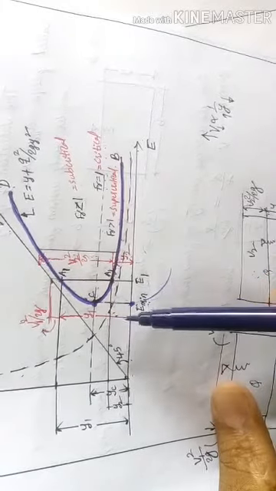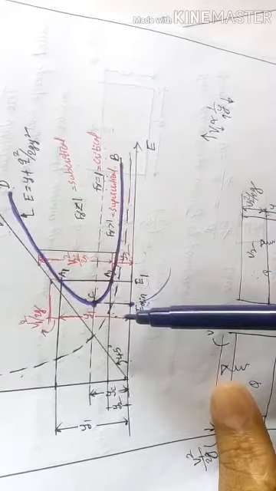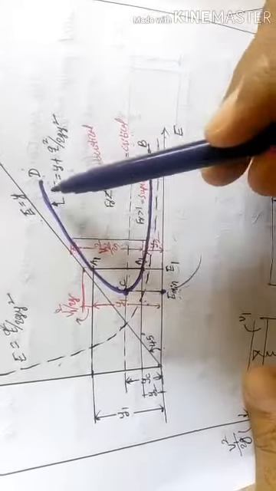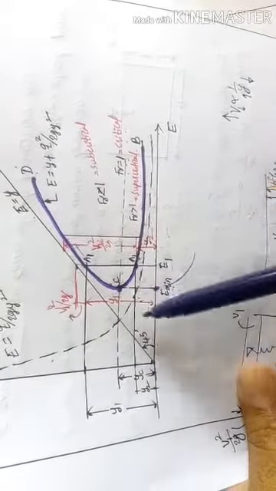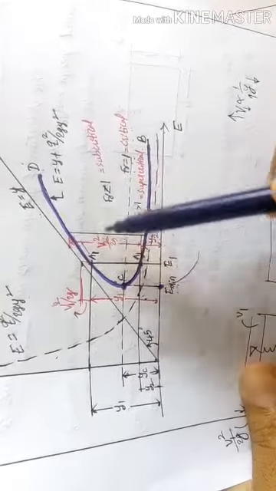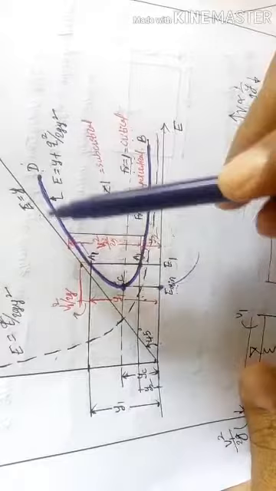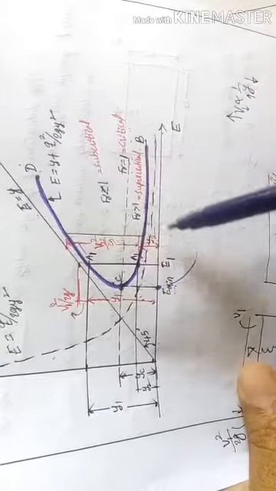And then as the specific energy is a function of depth of flow, from this curve we can conclude that specific energy, whatever we have plotted here, is a function of depth. As the depth varies, the specific energy varies in a channel.